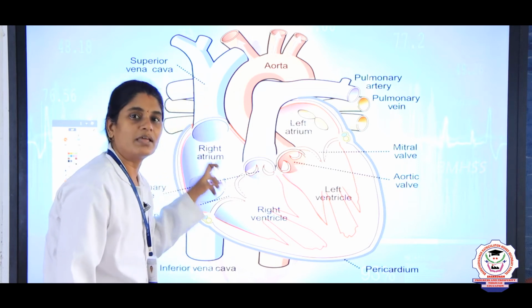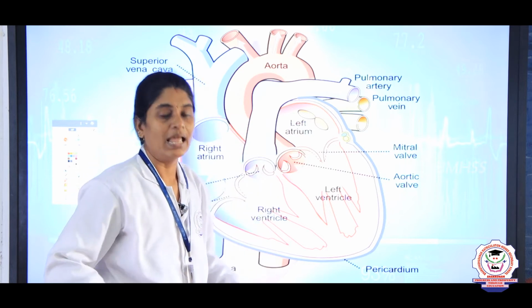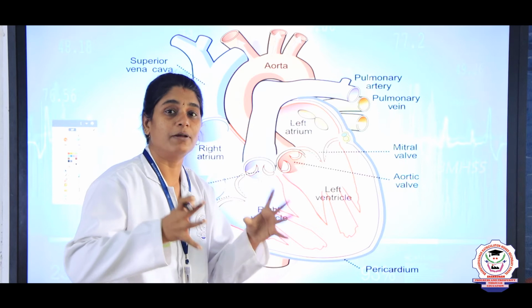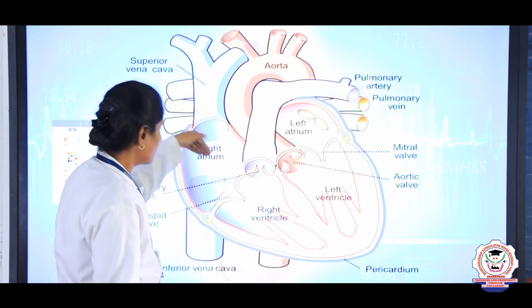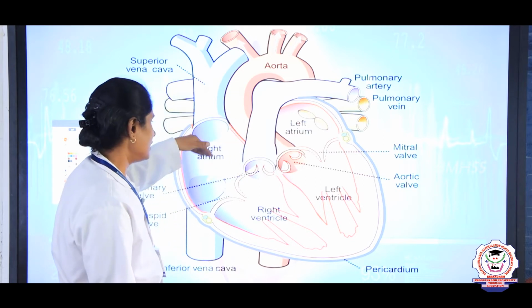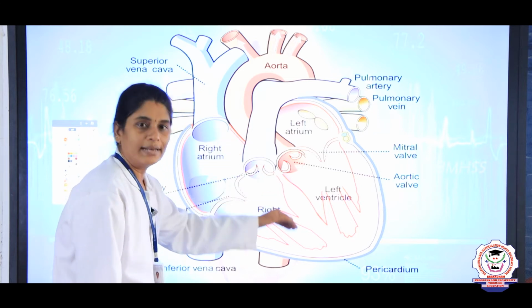The superior vena cava collects all the deoxygenated blood from the top of our body, and the inferior vena cava collects the deoxygenated blood from the lower part of our body, and this deoxygenated blood is poured into the right atrium. When the right atrium contracts, the blood is sent to the right ventricle.